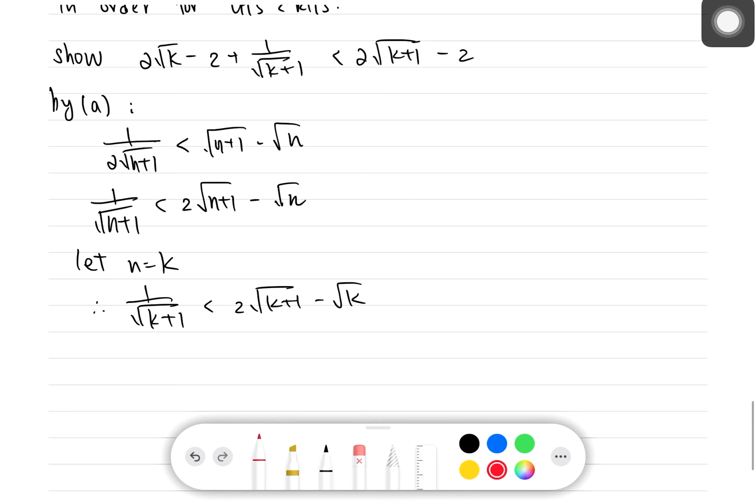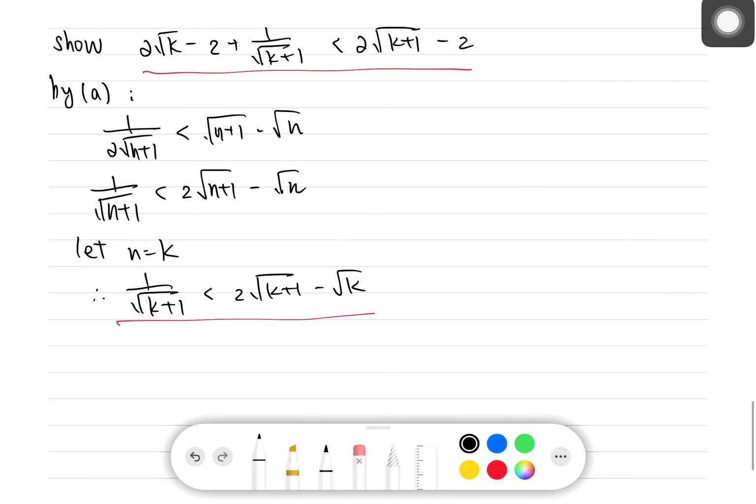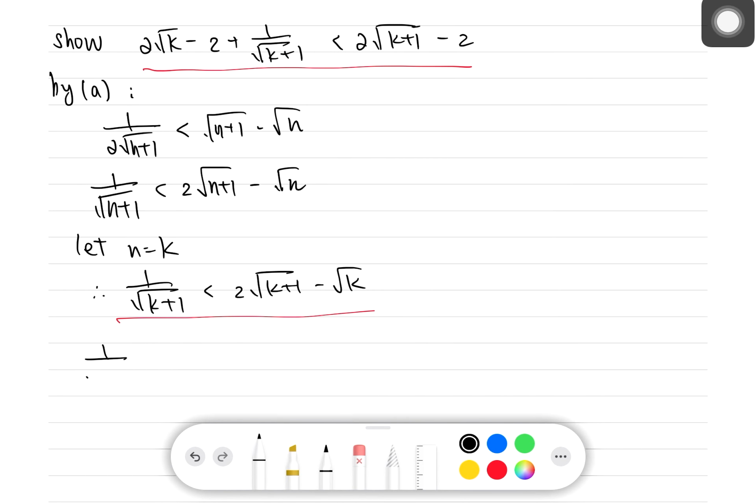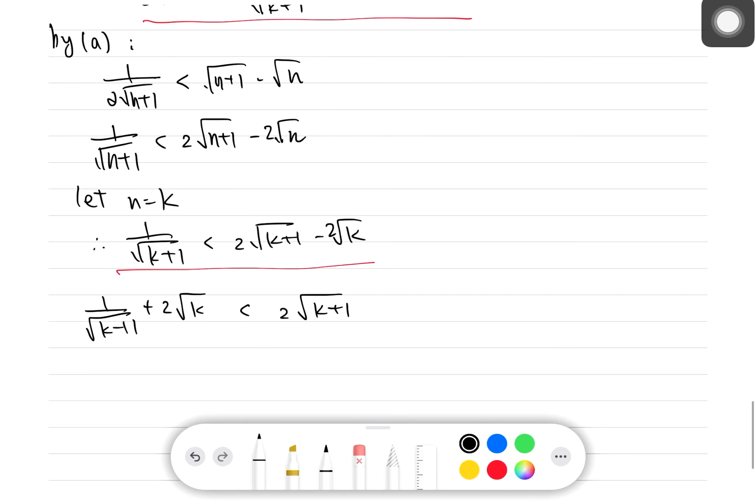So we need to modify this into this form, right? We will begin by putting our root k to this side, and then, forgot the 2 here, my bad. So we get this form, and then we just minus 2 on both sides.